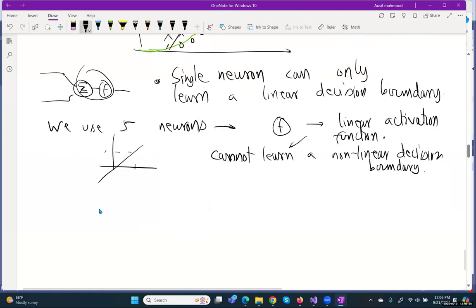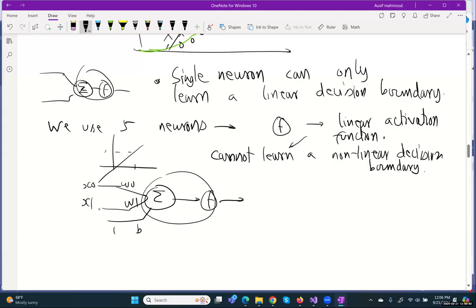For example, let's take a look at a single neuron with 2 inputs, X0, X1, W0, W1, and bias. Assume this is a linear activation. So what is the equation for S?